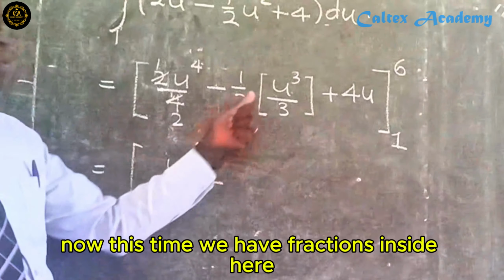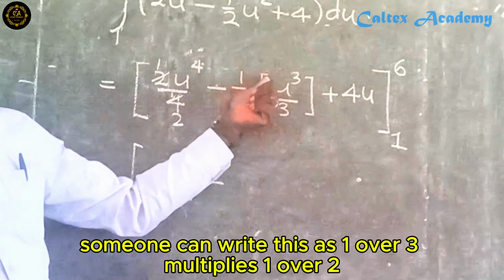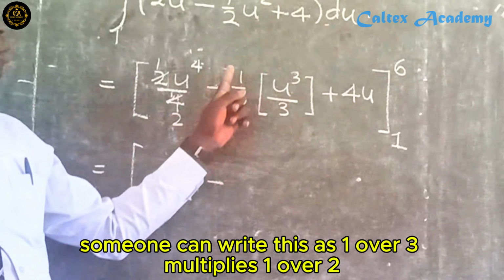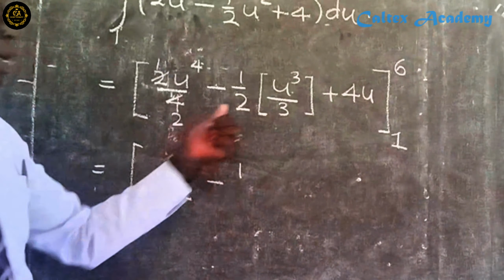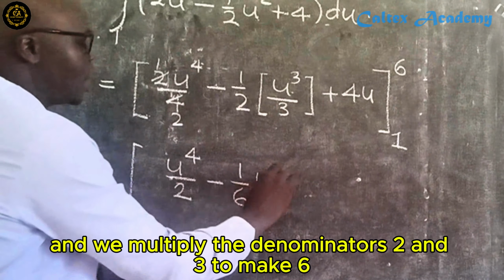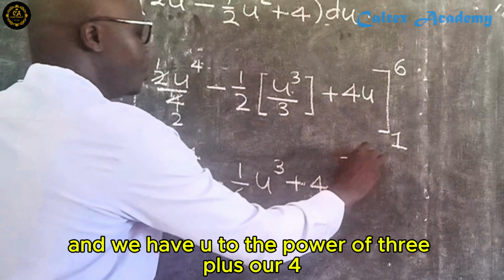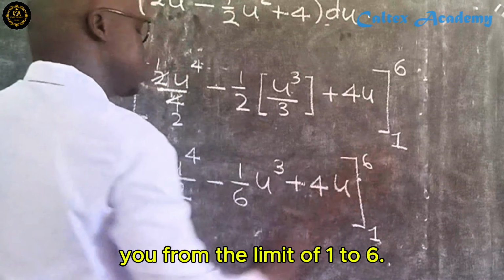Now this time we have fractions inside here. Some will write this as 1 over 3 multiplied by 1 over 2. So we multiply the ones to obtain 1, and we multiply the denominators 2 and 3 to make 6. And we have u to the power of 3 plus 4u from the limit of 1 to 6.